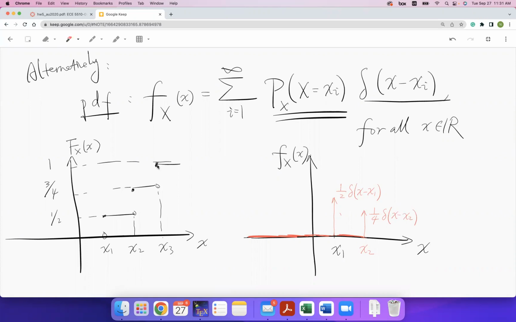And similarly for x3, we have another jump. So we have another impulse here. So the PDF function in this case is, basically at those discontinuity points, we can still define the derivative by using the impulse function.